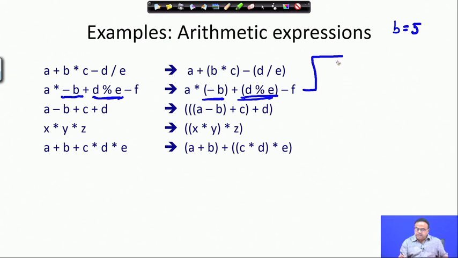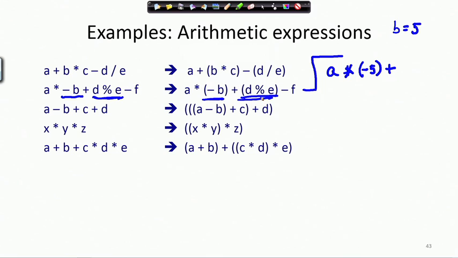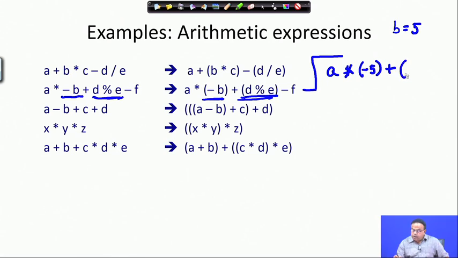So, first after computing this, it would be A times minus 5, because B was 5, plus suppose D was 100 and E was 9. So, what is my modulus? 1, right. So, then at this point I have got D modulus E minus F.